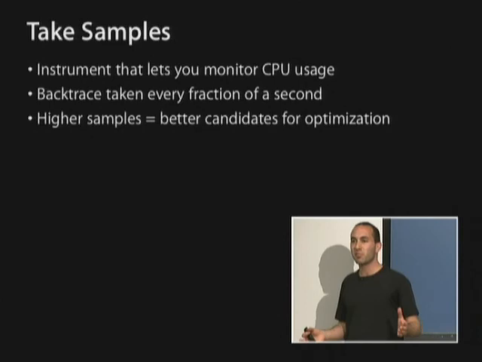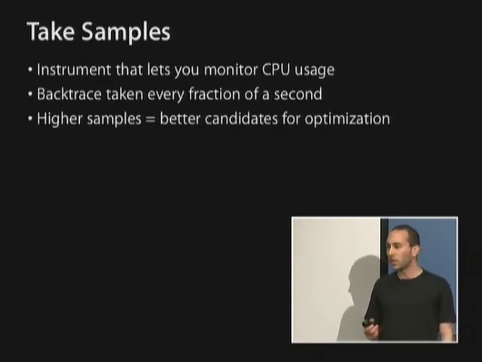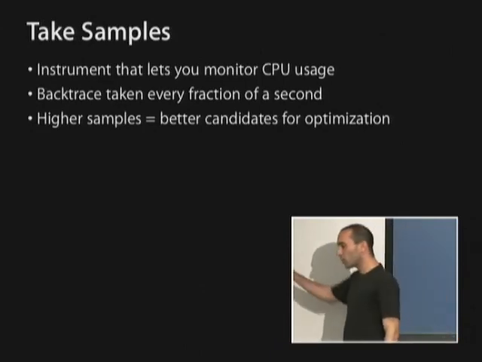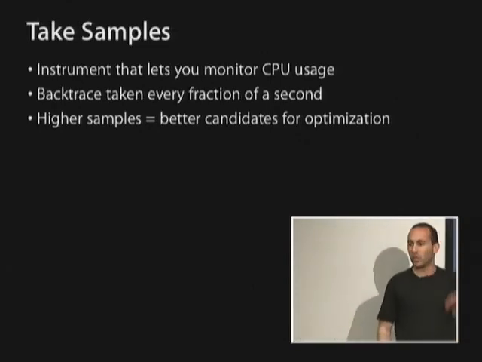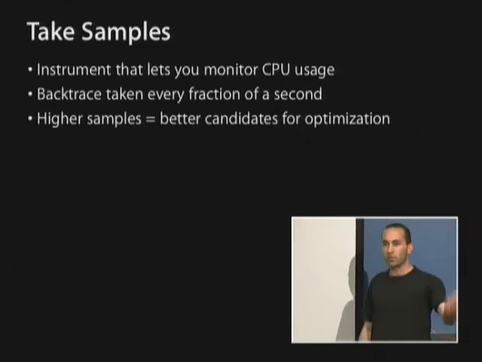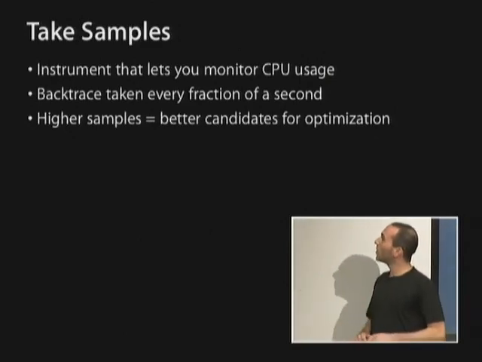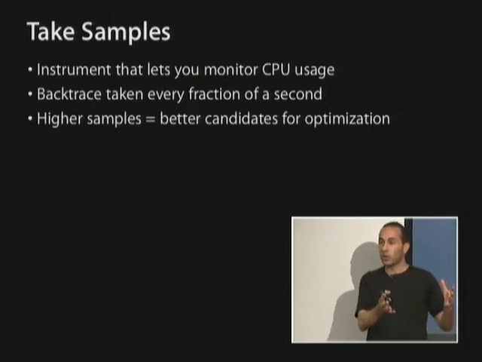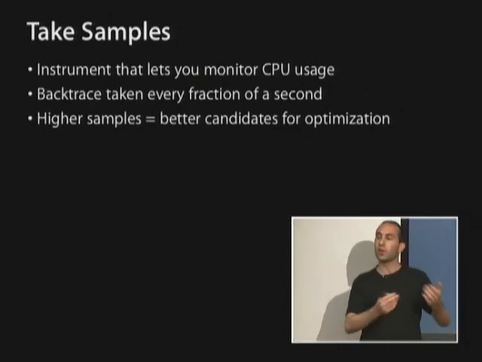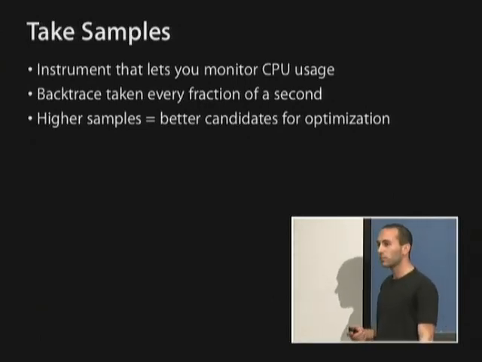You want your application to run fast, great, and you should want all of your application to run fast. But when it comes down to shipping something, you don't want to be optimizing some small part over here when there's a big piece of your app loading or your view display or something that takes a lot of time. What you do is you run the CPU sampler instrument. It'll tell you where your application is spending time, and then you know where to invest your optimization cycles. So yeah, use that.